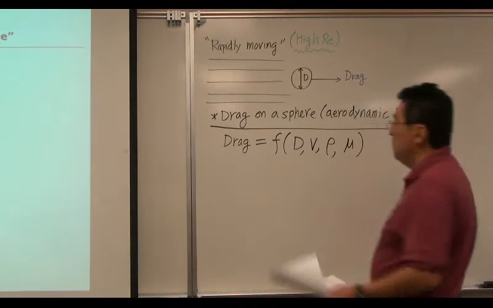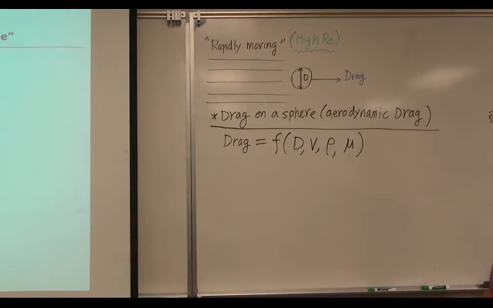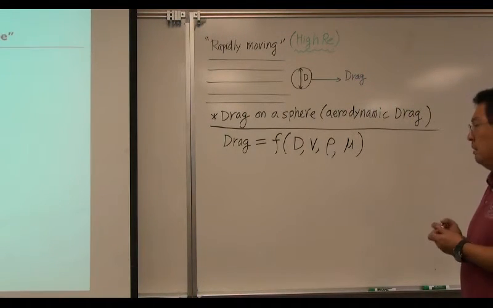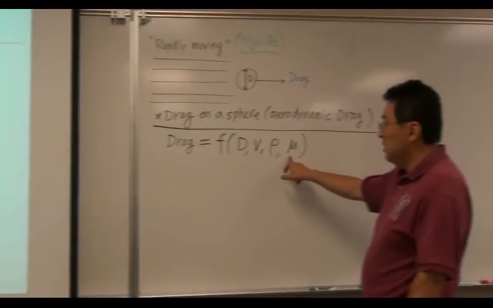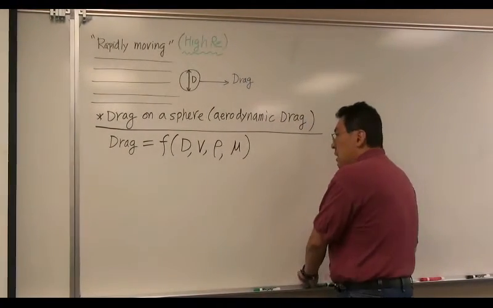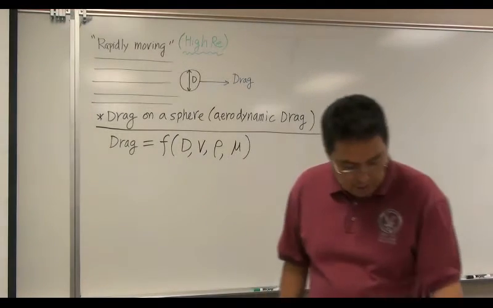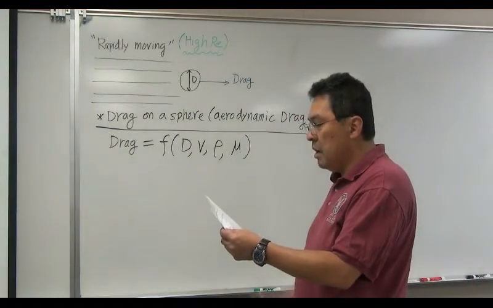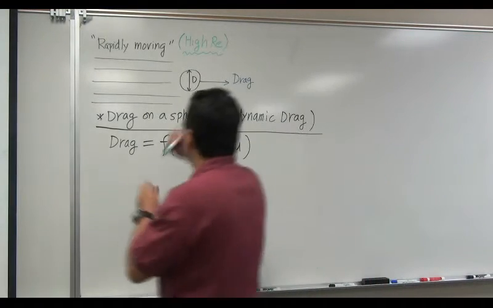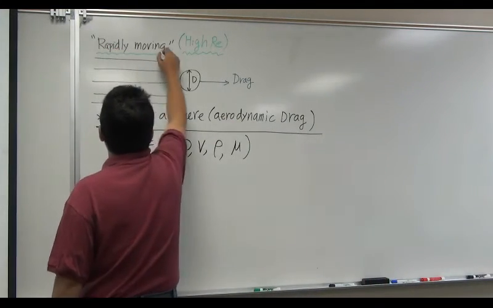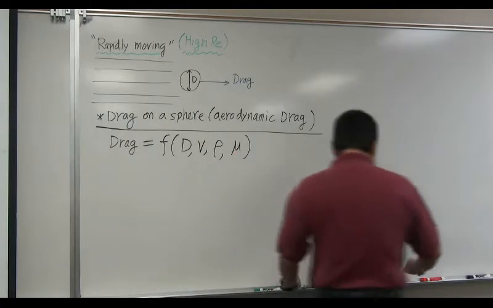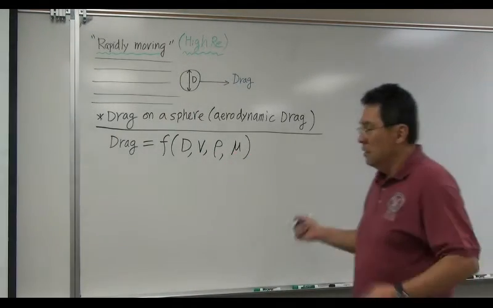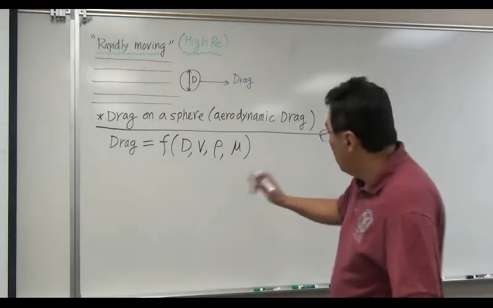And oftentimes the aerodynamic drag on a sphere depends on viscosity, usually. Now the problem statement says that the drag on a small sphere placed in a rapidly moving stream of fluid does not depend on viscosity.